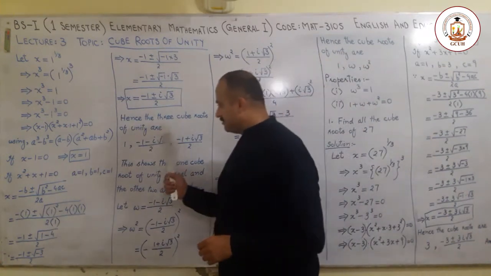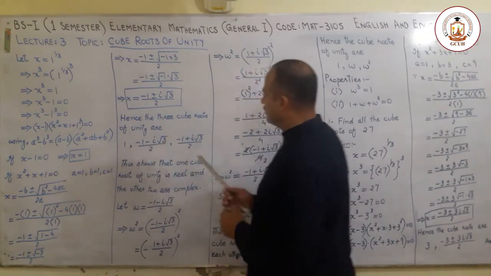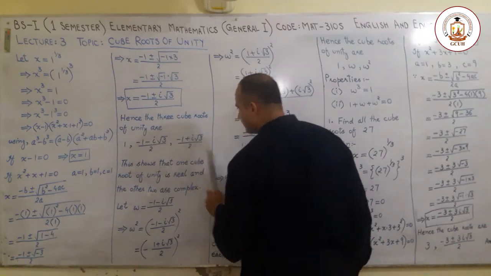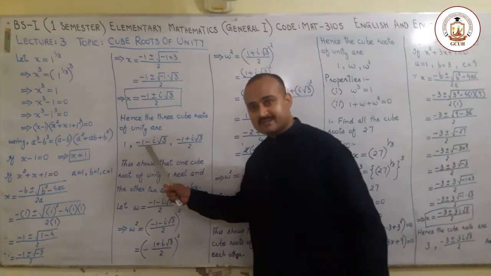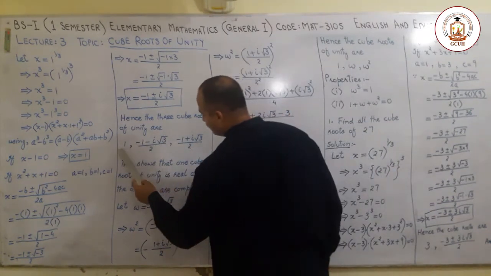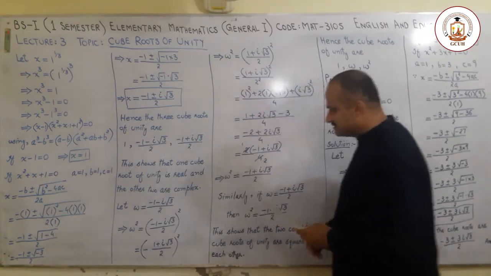So hence the cube roots of unity are 1 and these two. Now you may notice that in these two roots iota is involved. So these two cube roots of unity are complex. So finally it is noticed that one cube root of unity is real and the other two are complex.